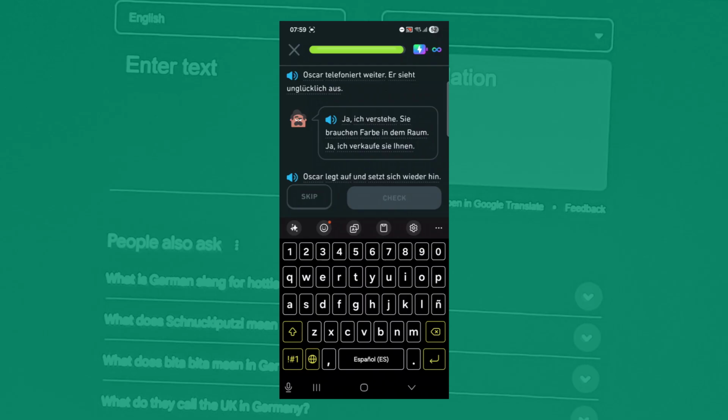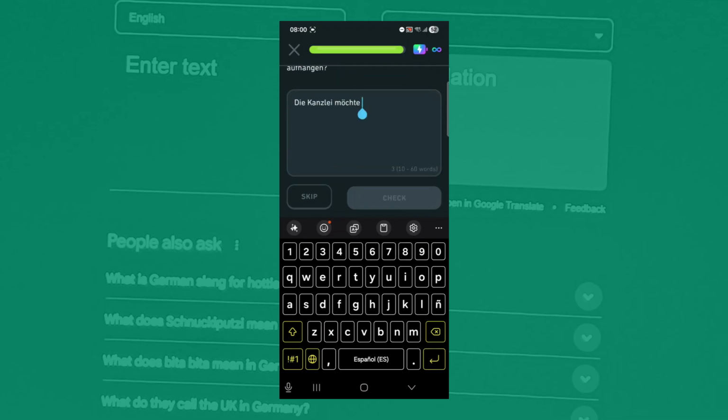Okay. Weil sie in den Raum mehr Farbe. Okay, I'm bound to have made some mistake here, but we're going to put it in.